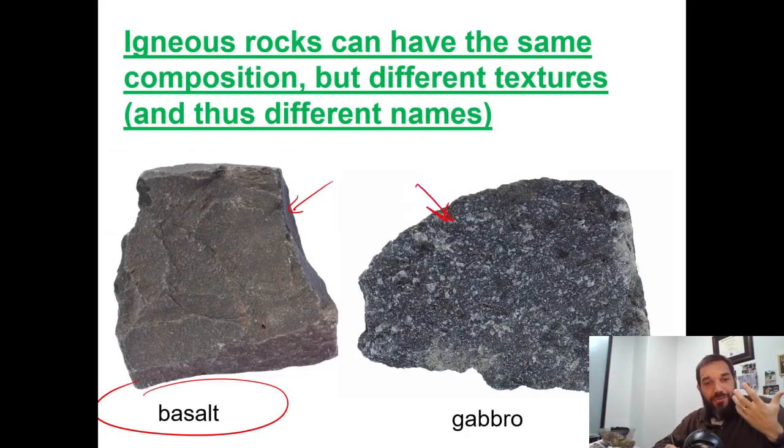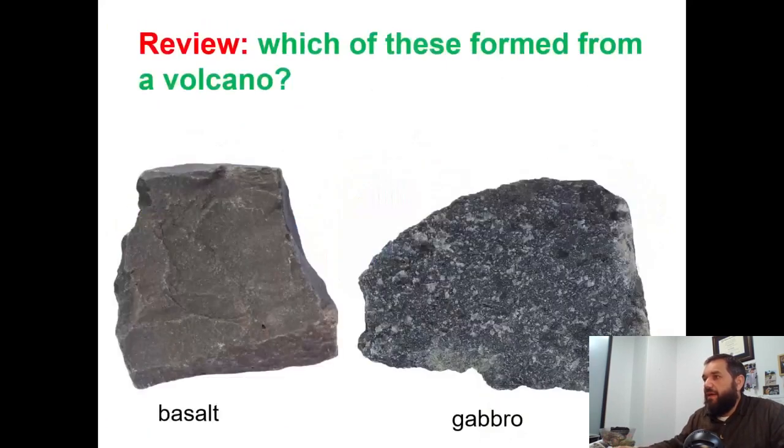If you ground these two rocks up into a powder and gave the powder to a chemist and said, tell me the difference, it'd be exactly the same chemical composition, but because they have different textures, we give them different names in geology because they form differently. So this is a fine grain, and that's a coarse grain. Basalt formed volcanically. Gabbro formed plutonically, an intrusive rock. It formed inside the earth.